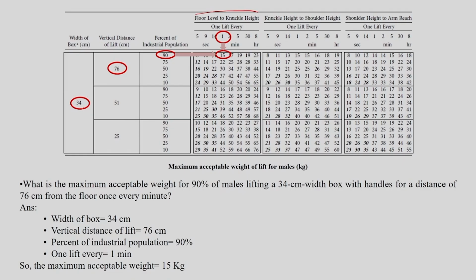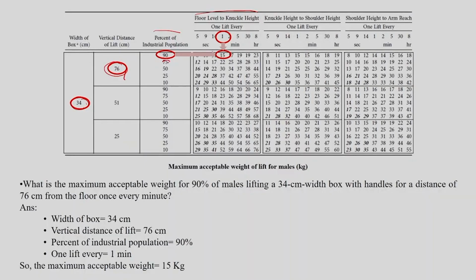If it is 34 centimeter width, let us understand what the vertical distance is. Is it 76, 51 or 25? Any one of them. For this particular example, I am saying that this is 76. Now, let us understand the percent of the industrial population you are expecting to work for this particular work.